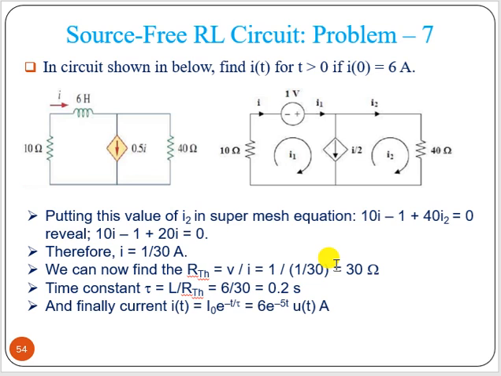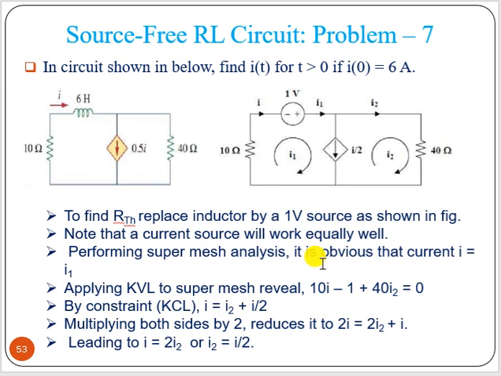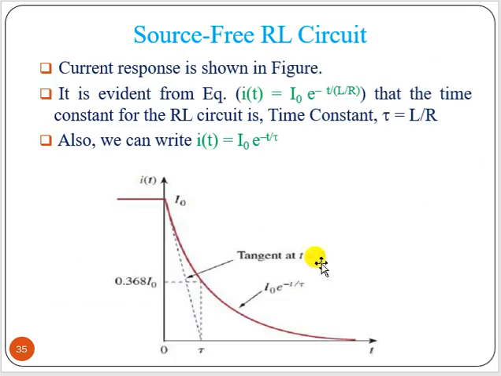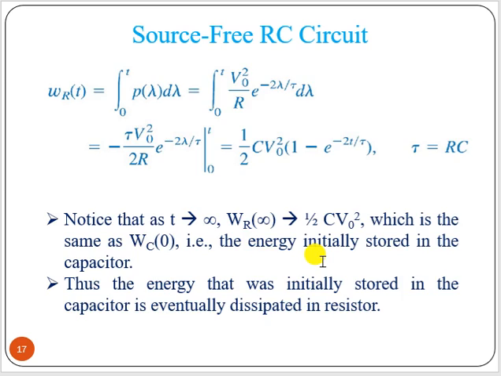The expression is nothing but v equal to V0 initial value e to the power minus t by tau, but tau for the RC circuit is tau equal to R into C. For the inductor, the current equation is i(t) equal to I(0) initial value into e to the power minus t by tau, where tau is the time constant, which is equal to L by R for the RL circuit. Okay. So these are the main points that you have to remember for this DC transient analysis, and this is for source free circuits only.